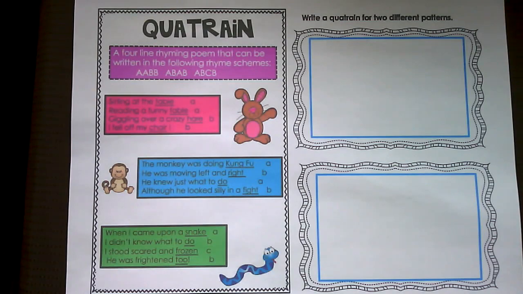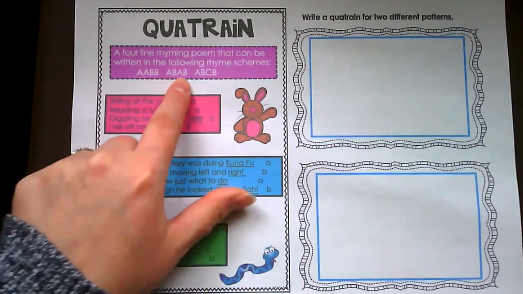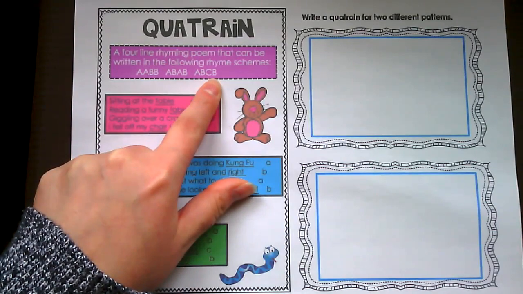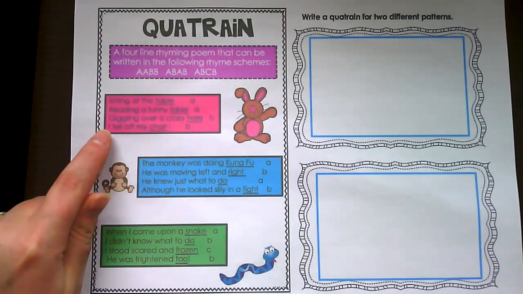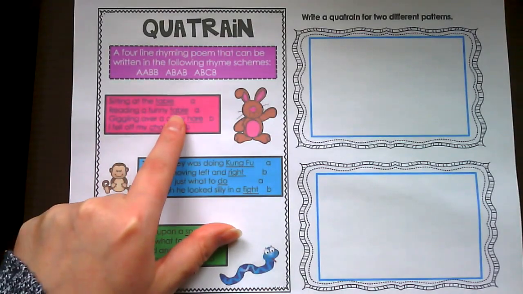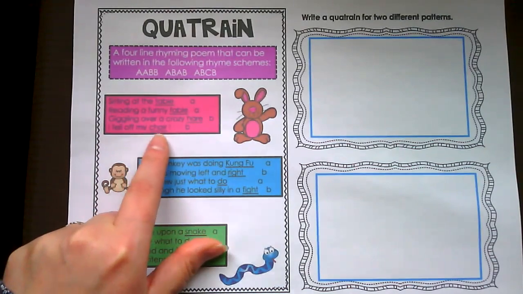And a rhyme scheme is just a pattern. So it can be written in the AABB pattern, the ABAB pattern, or the ABCB pattern. Okay? So this first example: sitting at the table, reading a funny fable, giggling over a crazy hare, I fell off my chair.